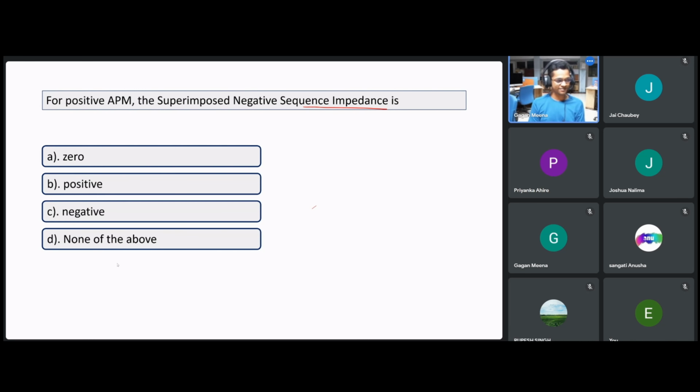In the second lecture of this week 5, we discussed one technique, the rate of change of superimposed negative sequence impedance. So if there is a positive power mismatch, what will be this superimposed negative sequence impedance?